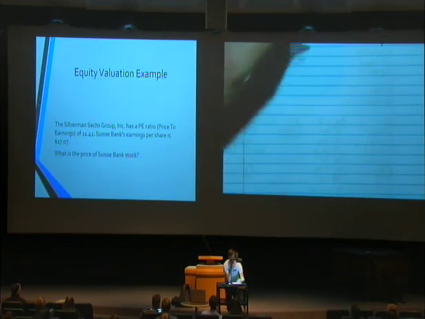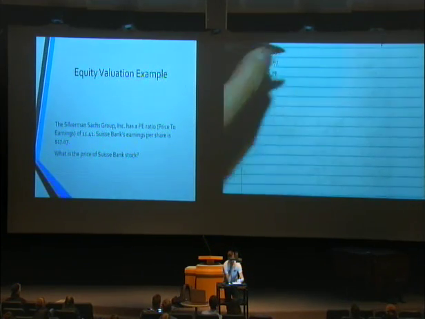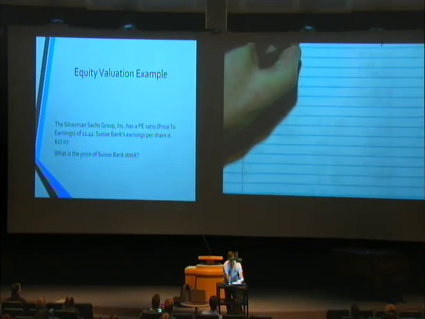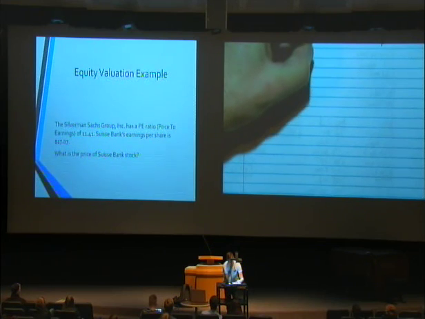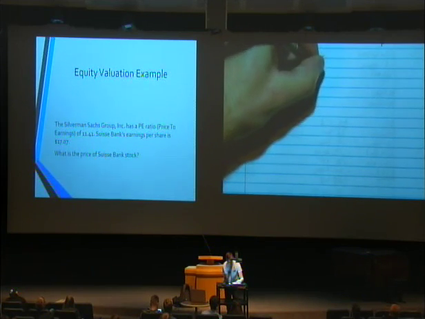Okay, so what we want to solve for is our price per share. So price to earnings ratio can be written as price per share divided by earnings per share.